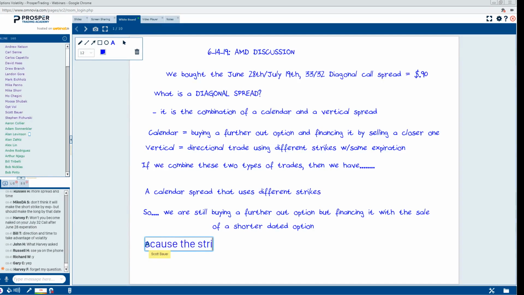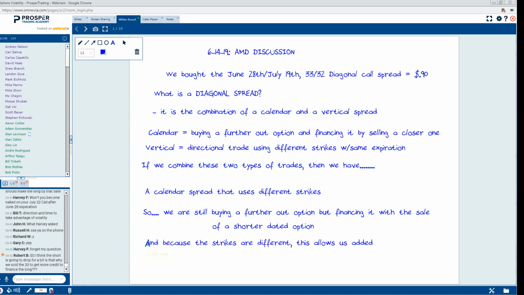And because the strikes are different, this allows us added direction or delta. Does that make sense before I go to the board here?